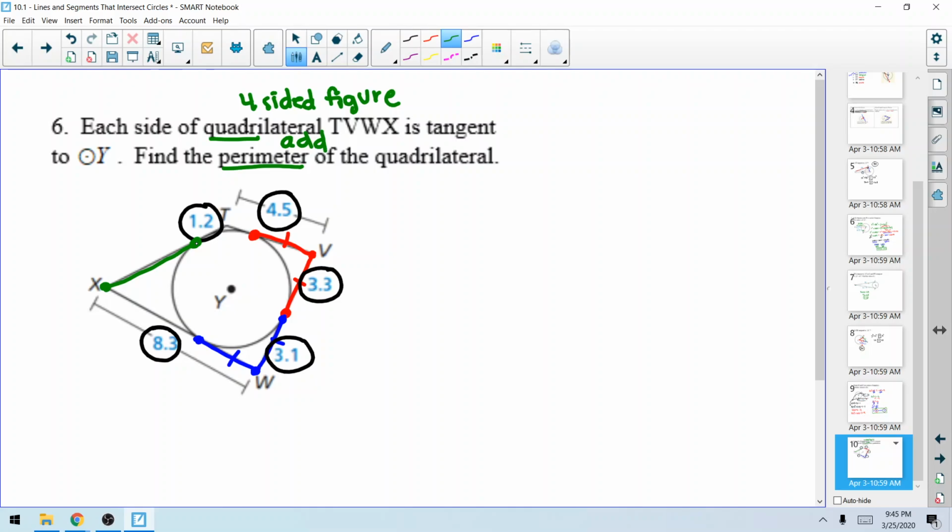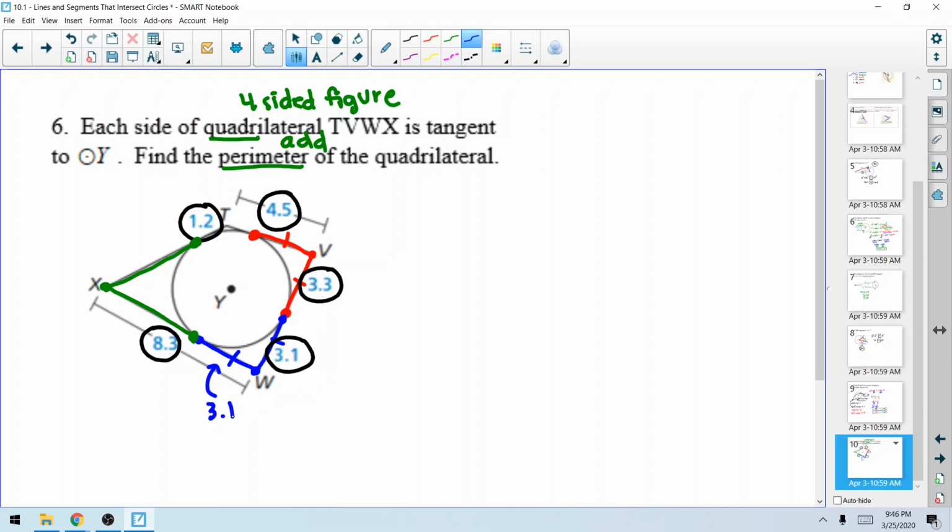Okay, well that's definitely not the 1.2. Okay, the 1.2 goes somewhere else. But it would match up with this other green one over here. Well, I don't know what that green one is because I know the whole thing is 8.3. So do I know what the blue one is? So look at the blue one. Okay, well if the right side of the blue one is 3.1, then I know that side of the blue one is 3.1.